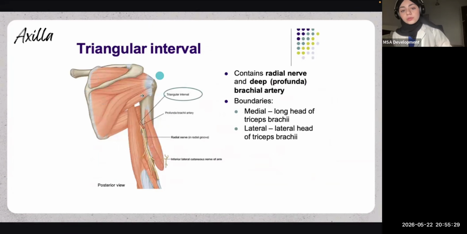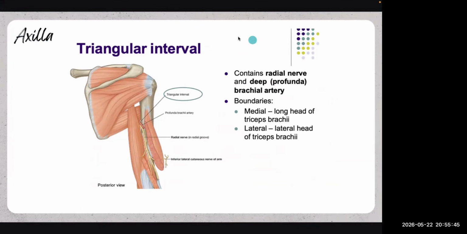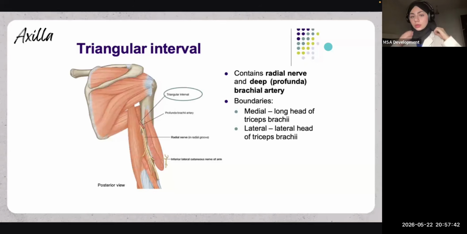Then the triangular interval, which is going to be underneath them. Now this one is also easy because it's kind of like a V. So it's going to be triceps, like this. It's kind of like a triangle.